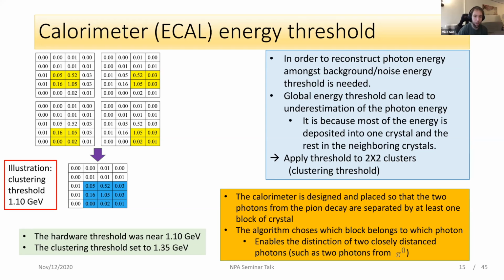Okay. So the blue block would be considered the photon, for example, the sum of the amplitudes there would be a photon. Yes, this is energy in GeV. We expect photon energy from 1 to, for the pi 0 case, 1 to 4 or 5 GeV.